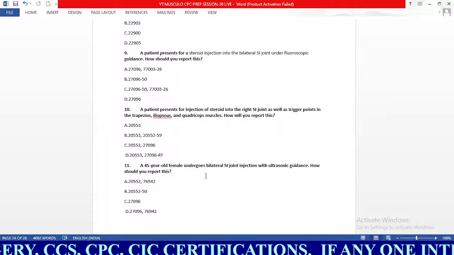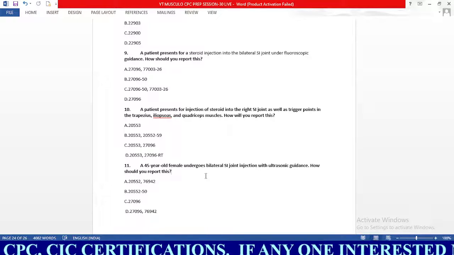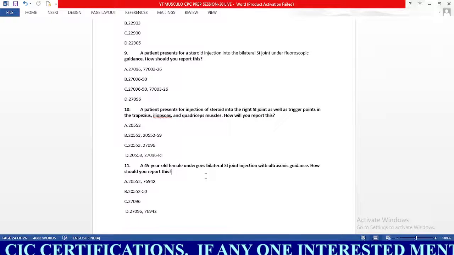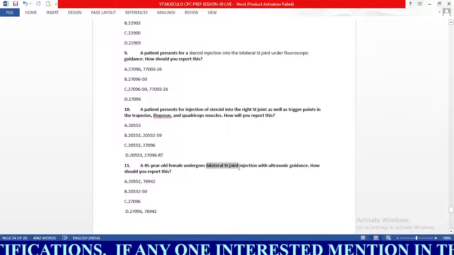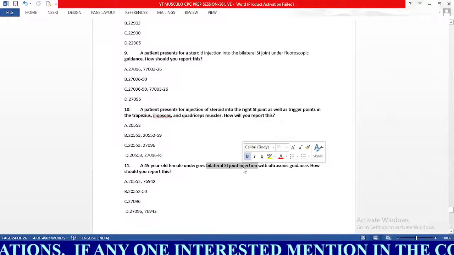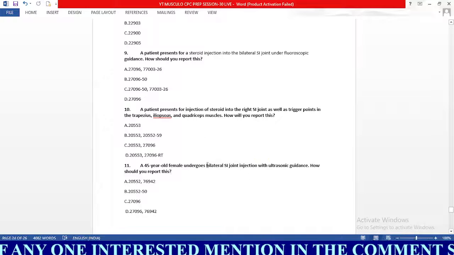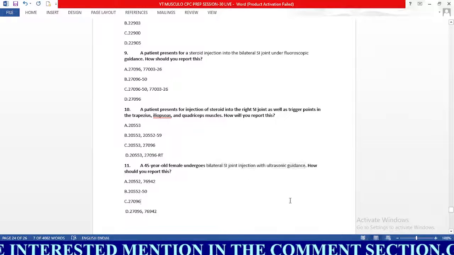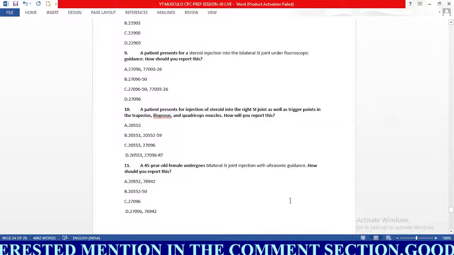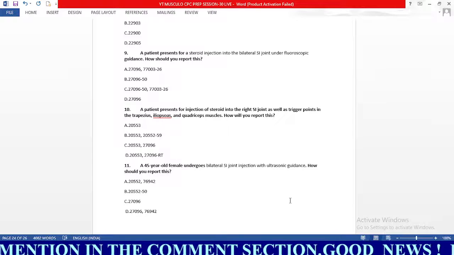Okay, we got a few answers here. So we will discuss this one. A 45-year-old female undergoes bilateral SI joint injection with ultrasound guidance. So we need to check this one. First, directly we will go to 20552. What is 20552?